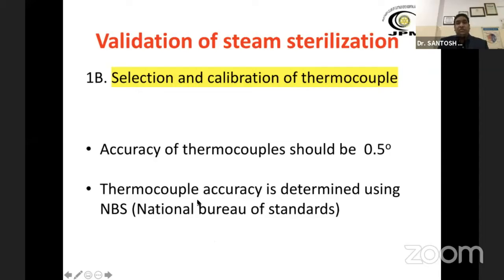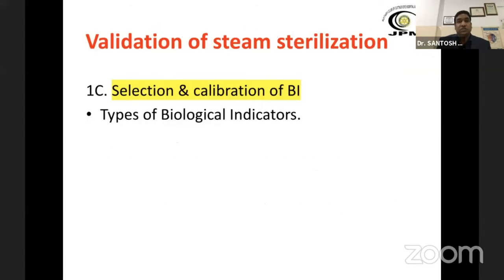The selection and calibration of thermocouples is very important because the accuracy of thermocouples is the backbone on which this validation process depends. And an accuracy of up to 0.5 centigrade in thermocouples is needed to validate the sterilization process.